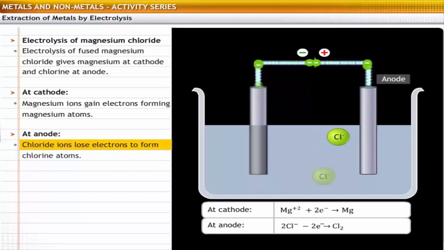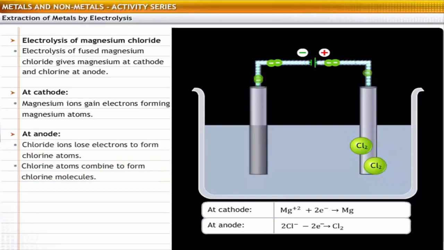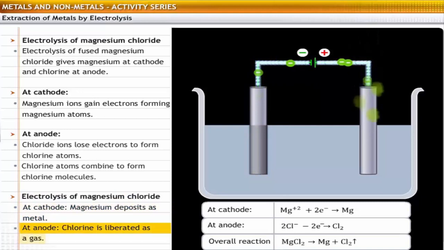Thus, chloride ions lose electrons to form chlorine atoms. Chlorine atoms combine to form chlorine molecules. Thus, as a result of electrolysis of magnesium chloride, magnesium metal is deposited at the cathode, and chlorine is liberated as a gas at the anode.